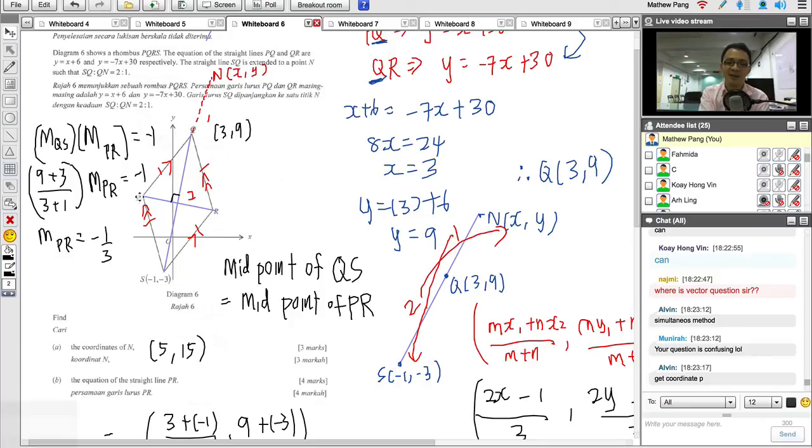It means that in order to use simultaneous equations to get the coordinate P, both equations must have something in common, which is P. It can be either PQ, PS, or PS, PR, or PR, PQ. Whenever both equations have a P, yes, you can do so. Do I understand? Do I answer your question?